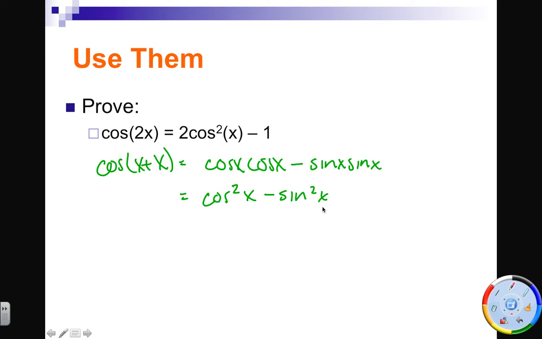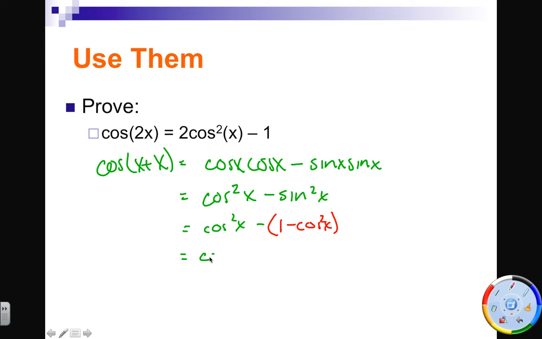Well, here's where the idea of the proofs come in. You need to know where to go. I need to go to cosines only. So I want to get rid of this sine squared. Well, I know just off the top of my head that sine squared x is actually equal to 1 minus cosine squared x.